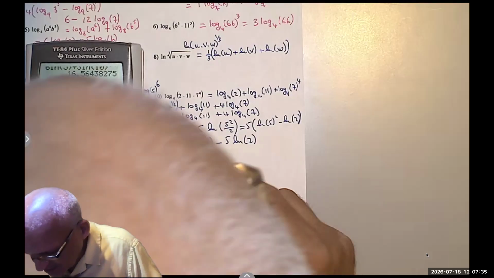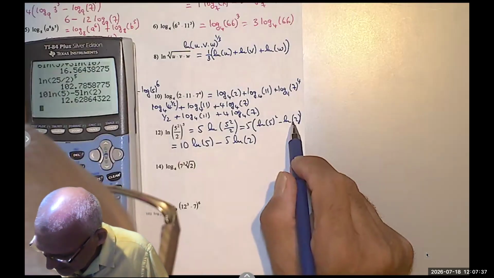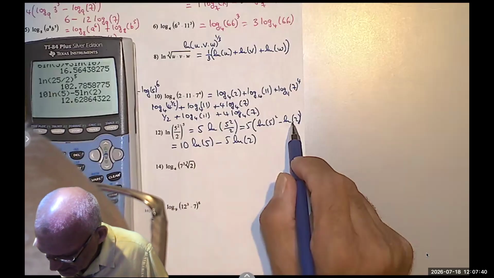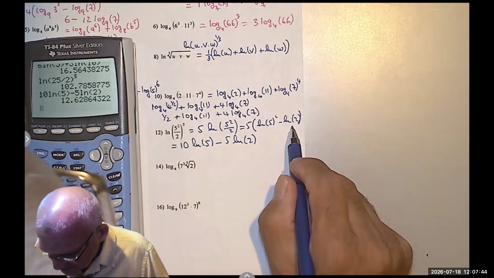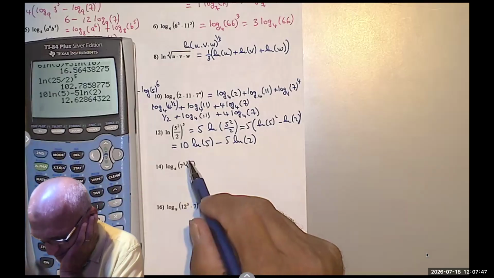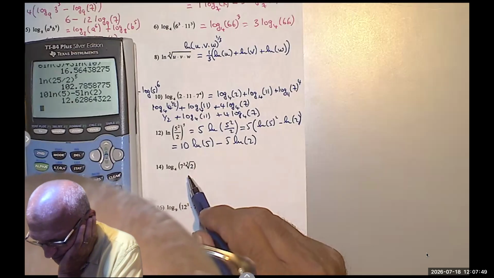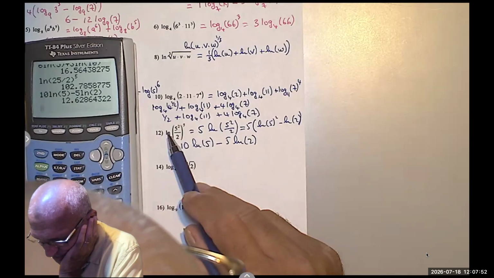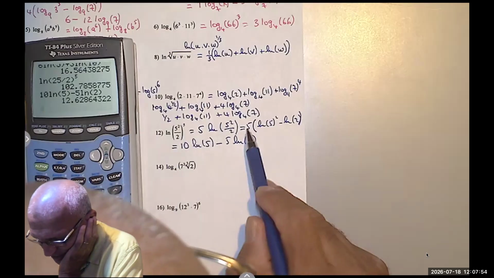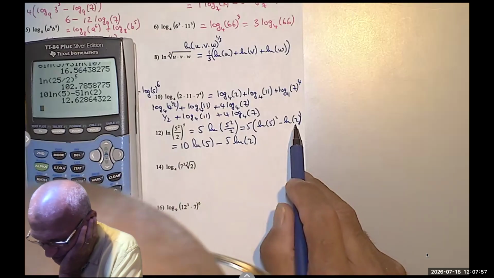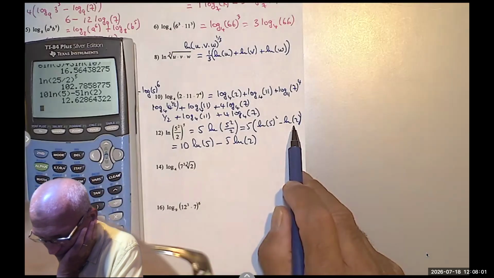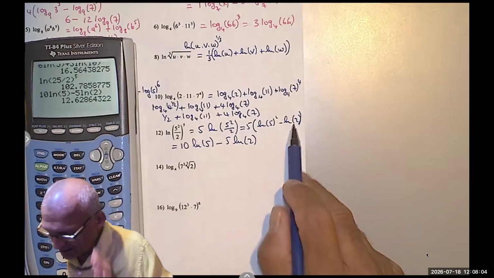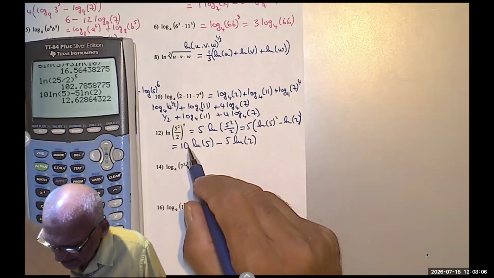No, I did something wrong. Oh, because of the 5. We got the 5 multiplied by that, so 5 multiplied by those. Is that 10 natural log of 5?